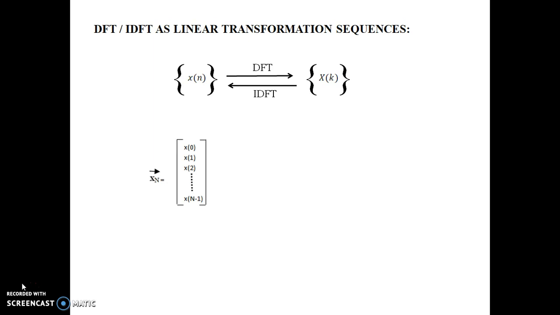If small xn is considered as a linear transformation, then we can write small x0, small x1, x2 as seen in your slide, and the same thing for capital Xn, capital X0, capital X1, capital X2, up to capital X n minus 1.